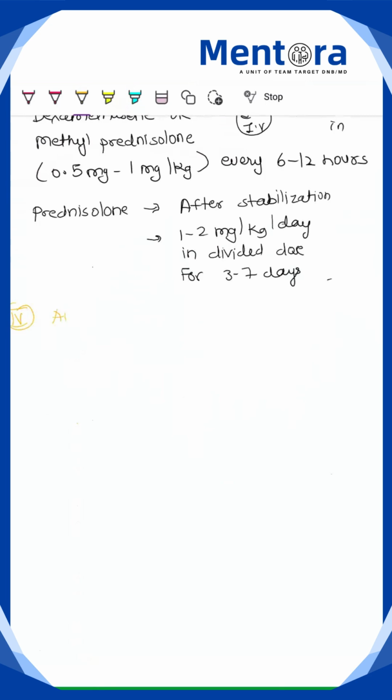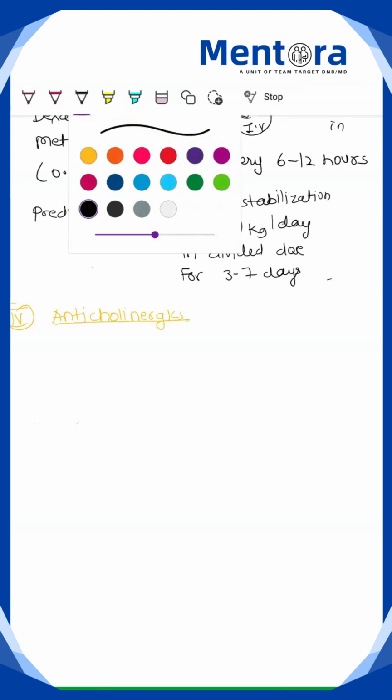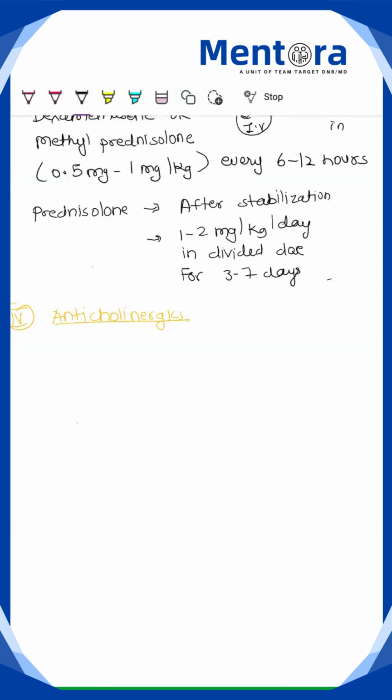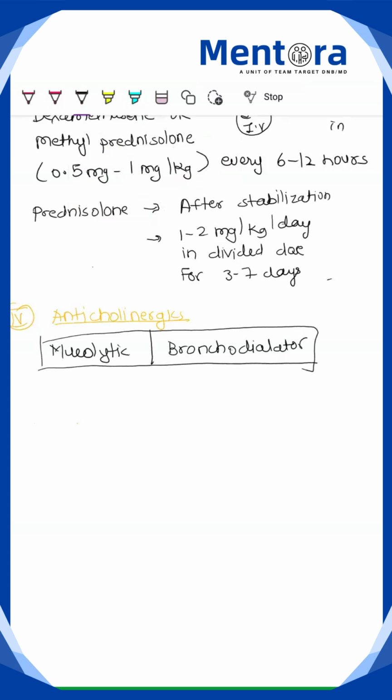Fourth drug is anticholinergic. They will act as mucolytic or they are bronchodilator as well. But we don't use them as a first line therapy.